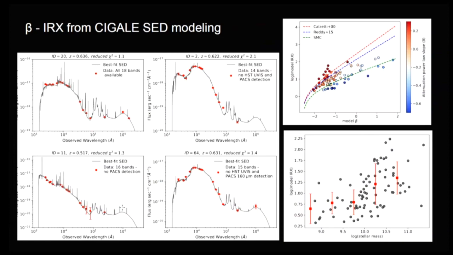The color bar shows the modified Calzetti delta slope, where we can clearly see the galaxies following the SMC-like beta-IRX relation. They have a much steeper extinction law, and the other galaxies with shallower delta values are following the Calzetti law, which is expected.